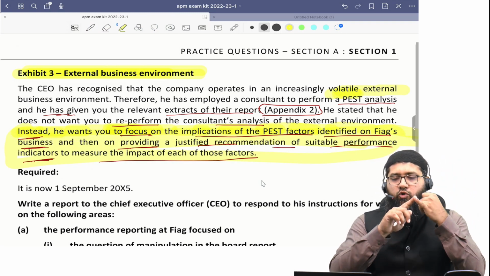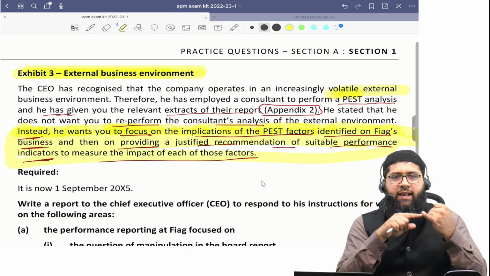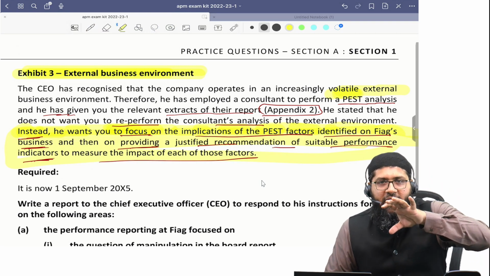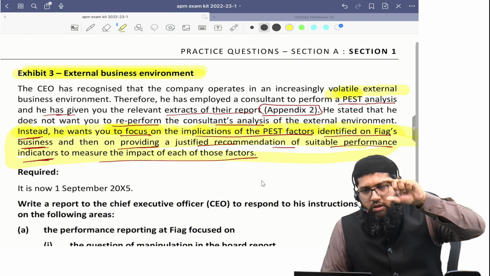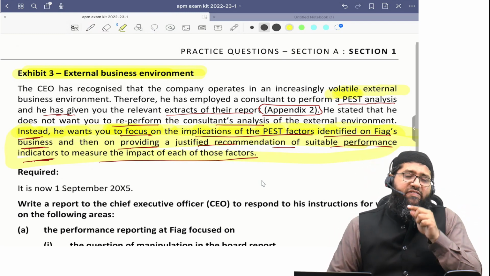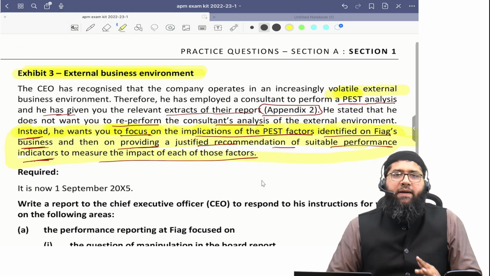He wants you to focus on the implications of the PEST factors, the political, economic, socio-cultural and technological factors identified on FIAG's business, and then providing a justified recommendation of suitable performance measures to indicate the impact of each of those factors.